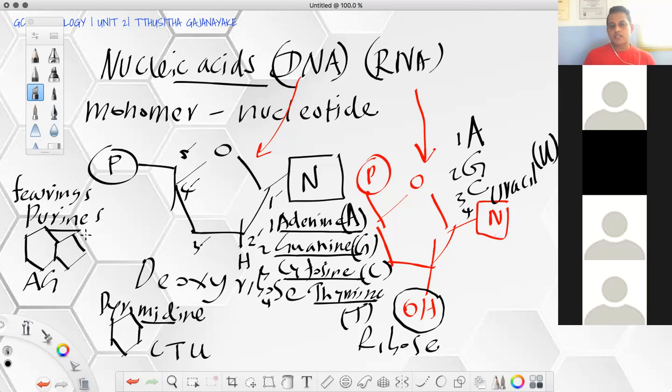So where is this DNA or RNA molecule we can find in the cells? To answer that question, we try to answer this MCQ question.